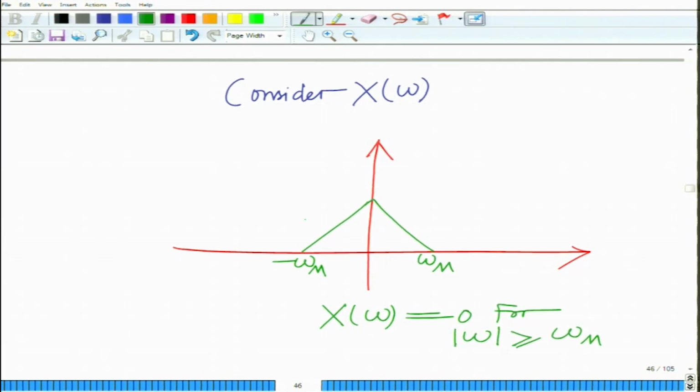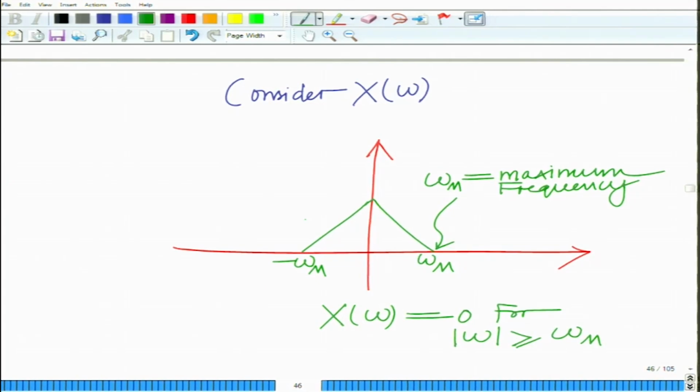So omega m is the maximum frequency of the signal.